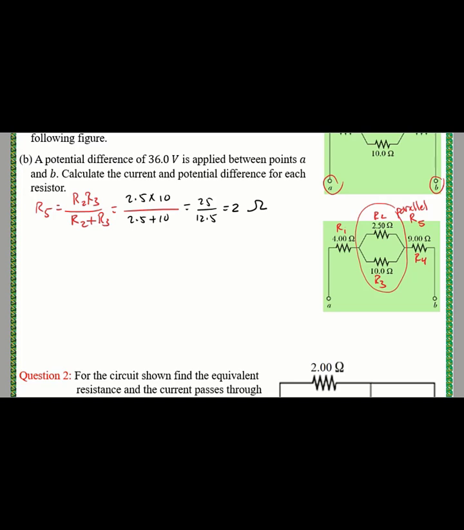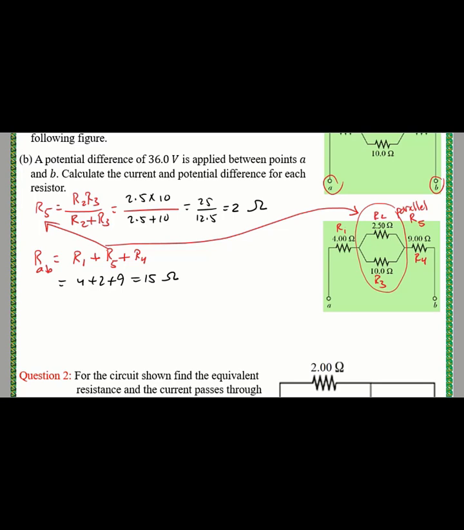Now the resistance between A and B is R1 in series with R5 in series with R4. R1 is 4, R5 is 2, R4 is 9, it is 15 ohms.